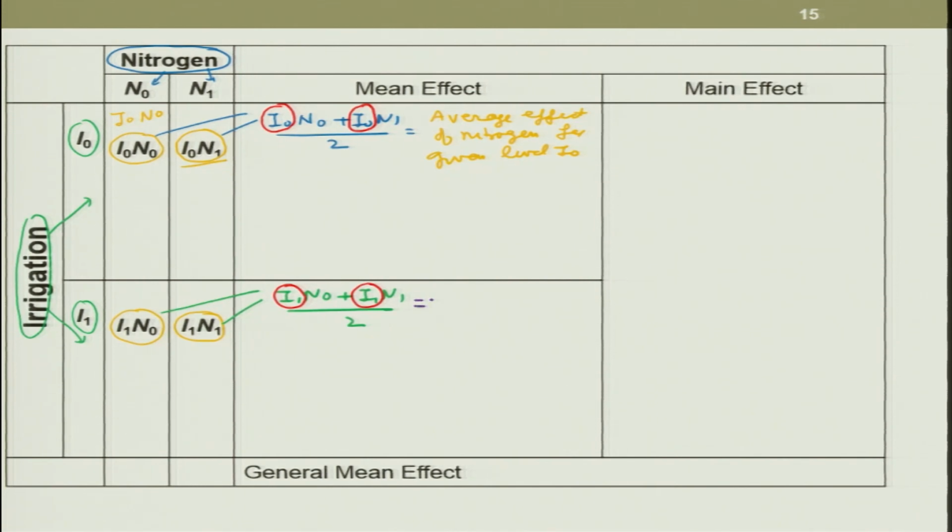So, do not you think that this expression, I1 N0 plus I1 N1 divided by 2, looks as if it is indicating the average effect of nitrogen for the given level of irrigation, which is I1? Right.